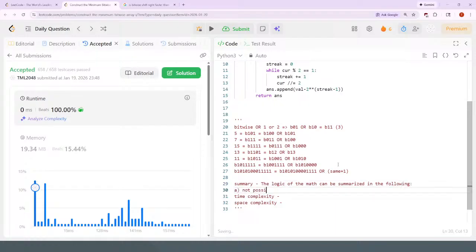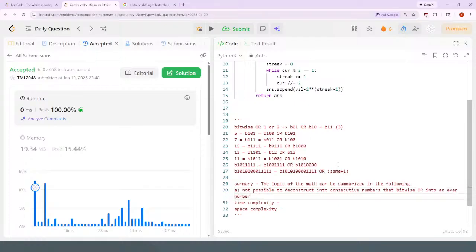A, it's not possible to deconstruct it into consecutive numbers that bitwise OR into an even number.